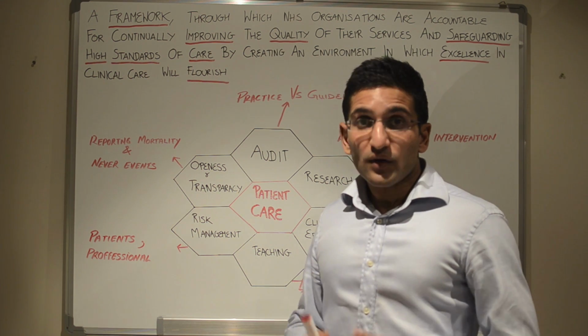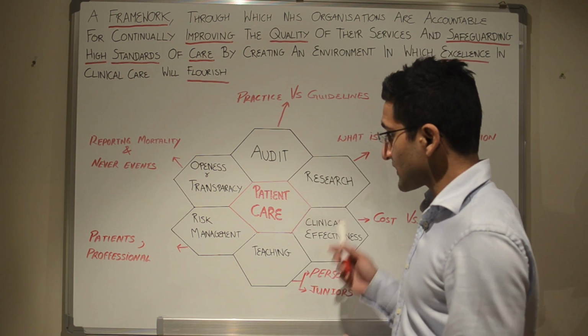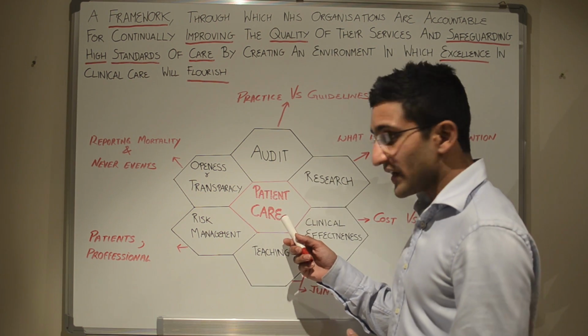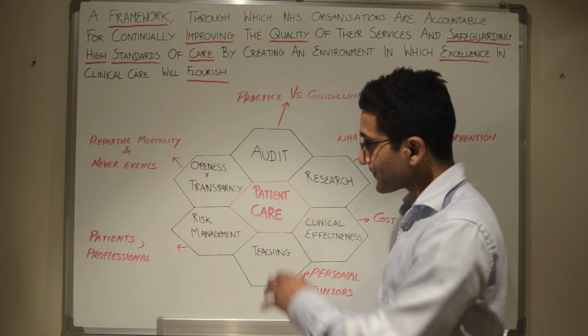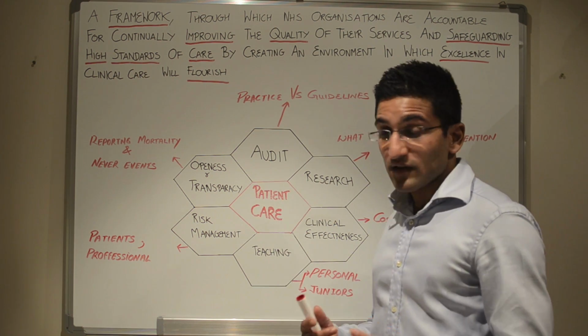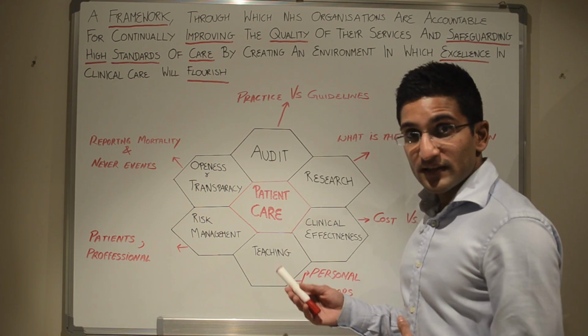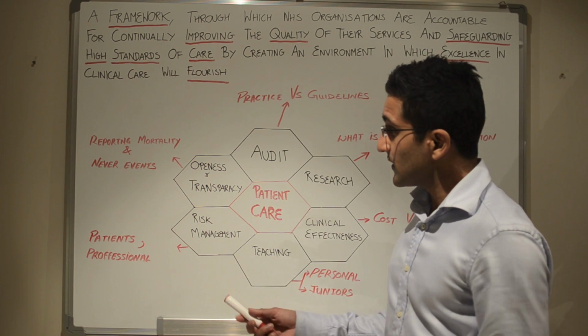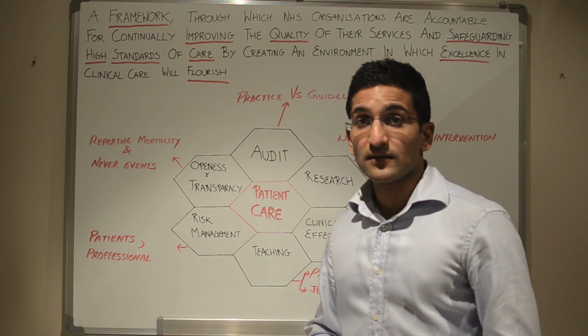So the obvious question is, what are these processes? And these processes can be grouped into 6 different types, all of which impact on patient care in one way or another, which is why patient care is at the centre of this model. And these processes are audit, research, clinical effectiveness, teaching, risk management, and openness and transparency. And let's explore each of these in a bit more detail.